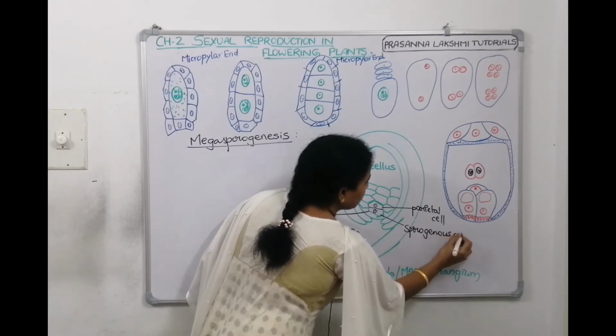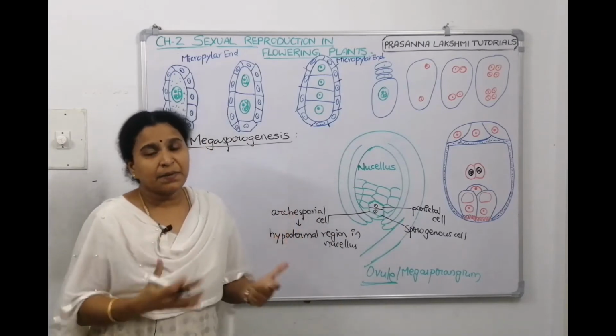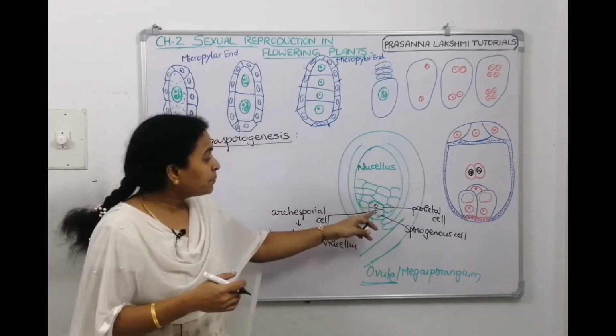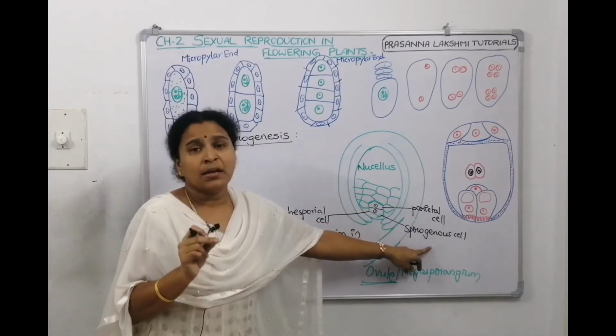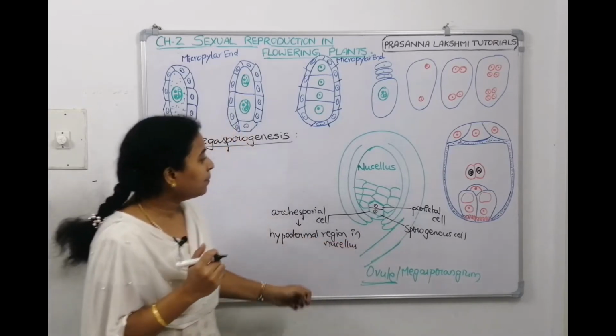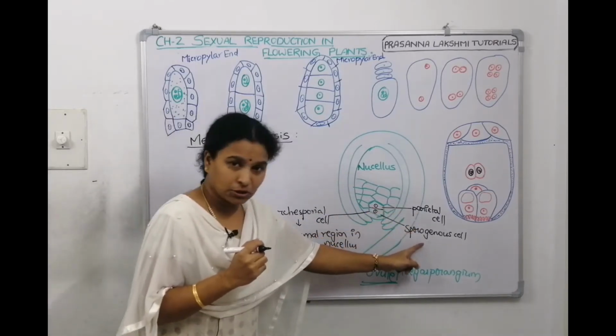Sporogenous cell, children. Now, this parietal cell will keep on dividing and it will add a mass of nucellar cells, whereas the sporogenous cell develops into a megaspore mother cell. So, the archesporial cell divided into parietal cell and sporogenous cell.